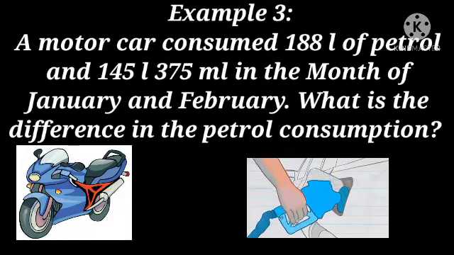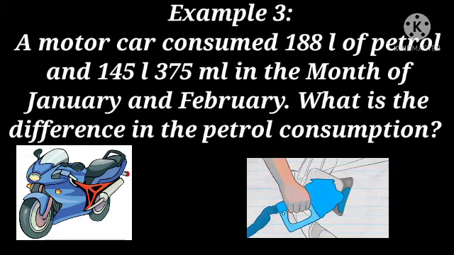Example 3. A motor car consumed 188 liters of petrol and 145 liters 375 milliliters in the month of January and February. What is the difference in the petrol consumption?